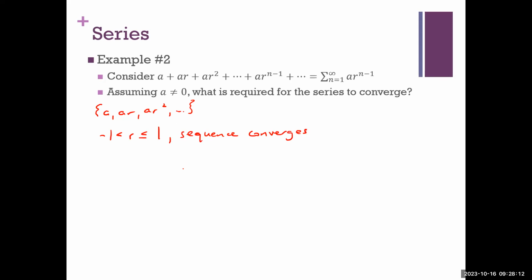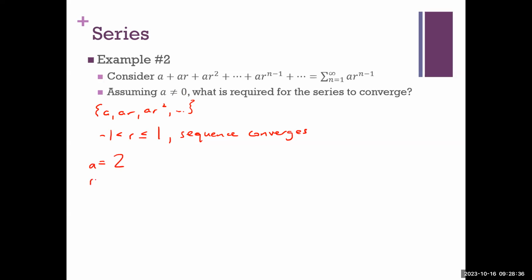We think it's the same set of R values. So assuming A is non-zero, let's just pick a value for R. If R is equal to a half, so let's somebody give me a value for A. 2 sounds good.